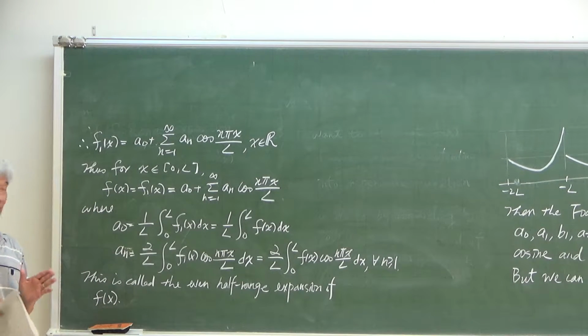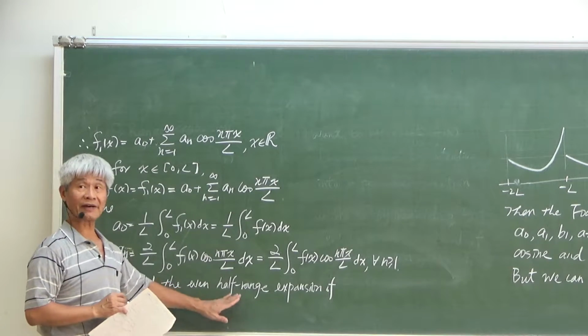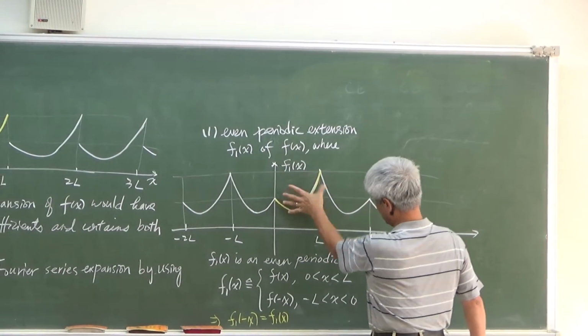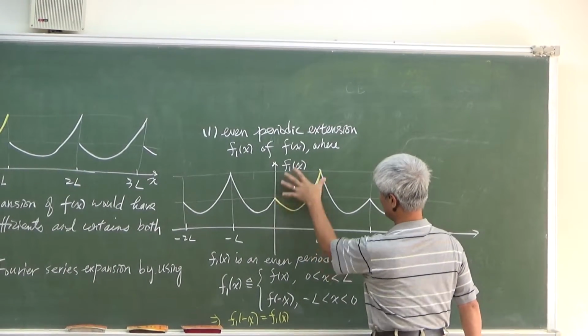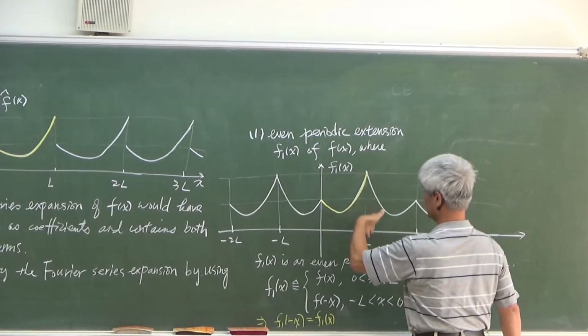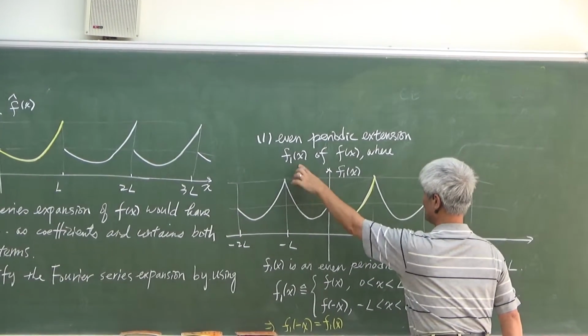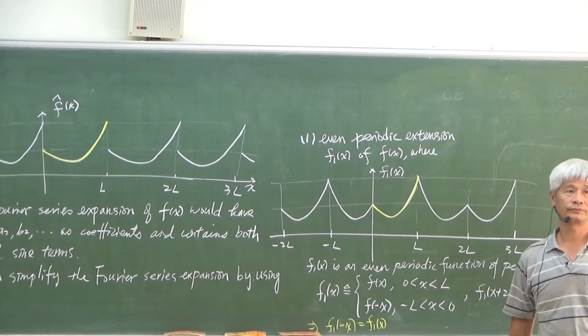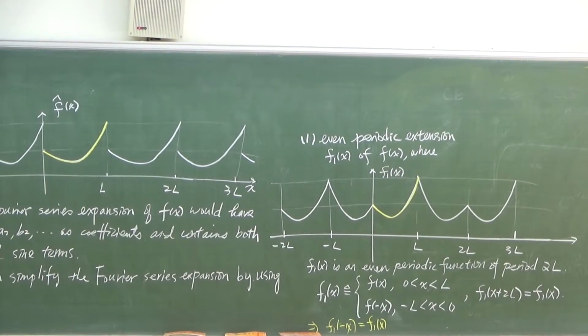Now you understand the reason why we call it half range, because the original function f of x is just a half range of the even periodic function, because the period of f1(x) is 2L. Any questions?